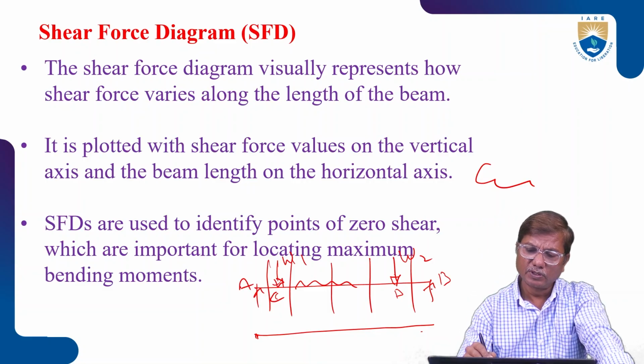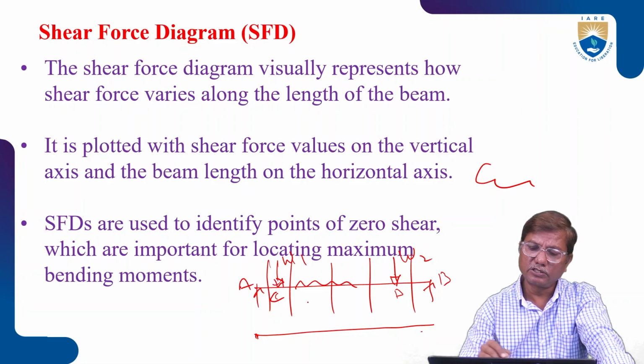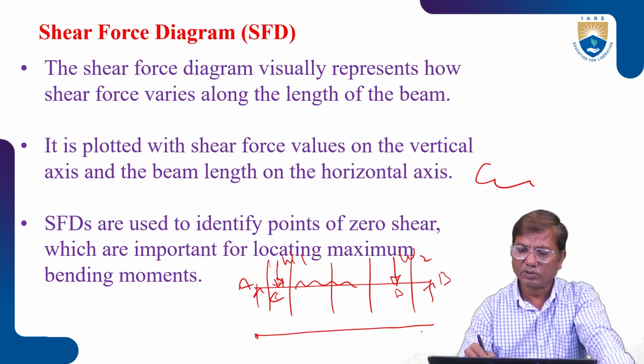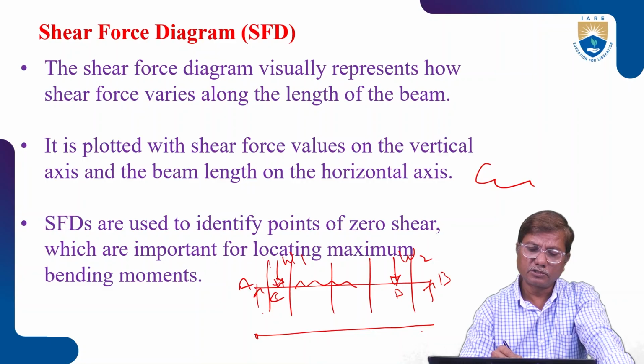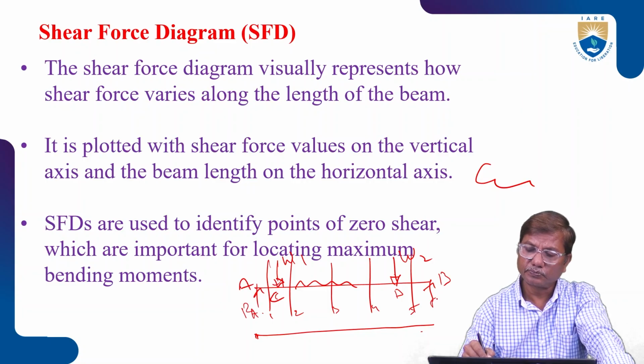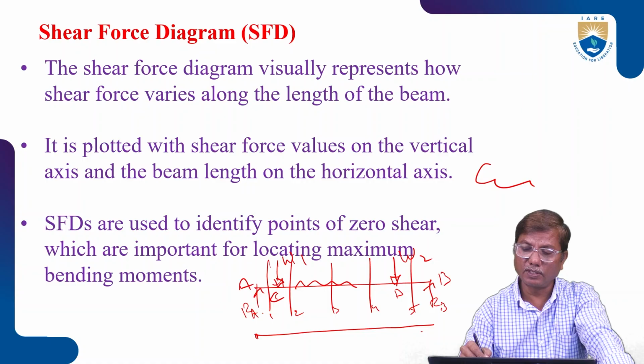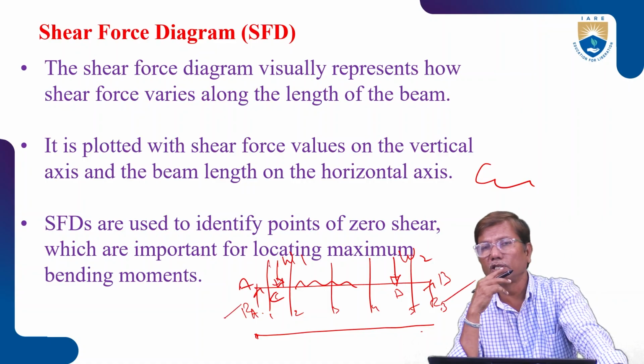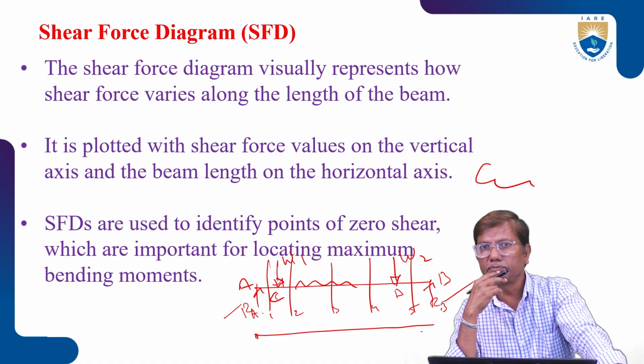Now, considering these sections, for example, this is section 1, section 2, 3, 4, and 5. When you consider section 1, these are the reactions. First, we will calculate reactions in a simply supported beam.